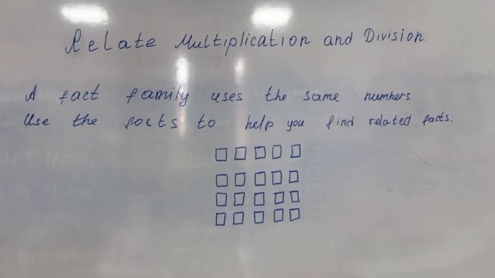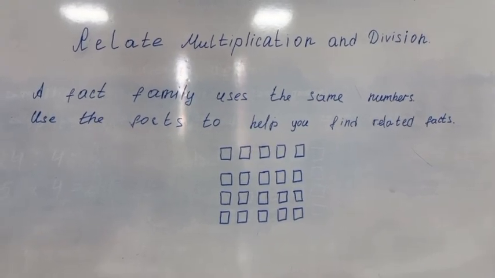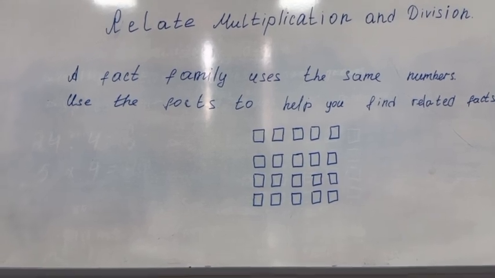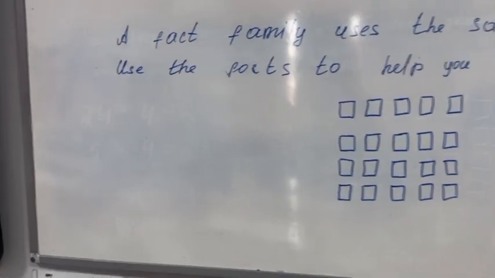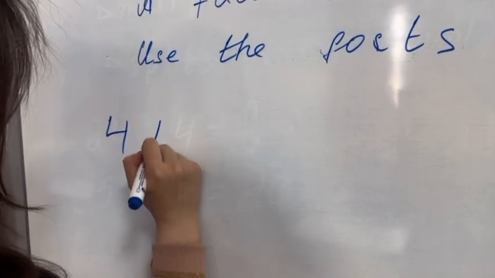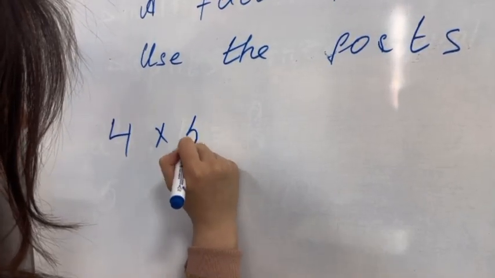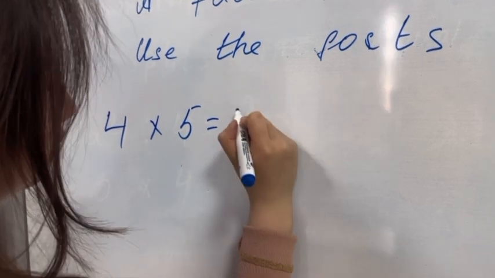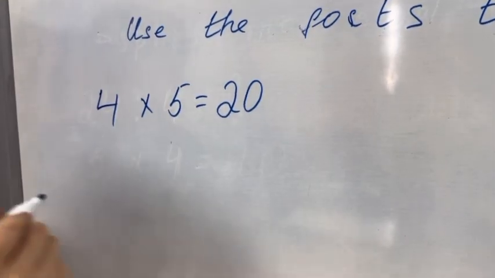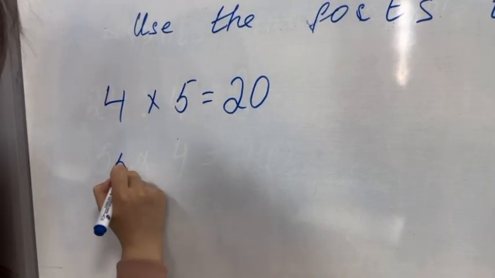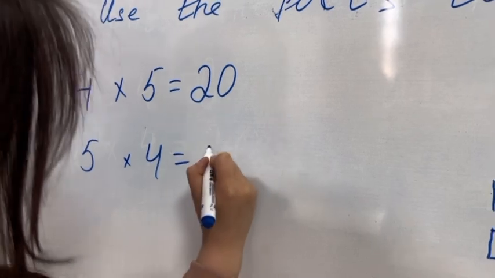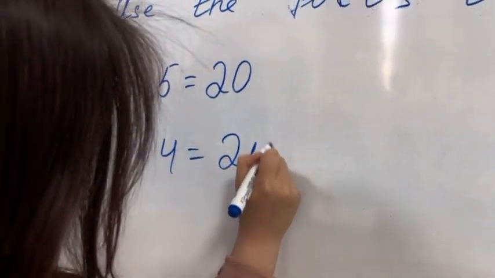A fact family is a group of related multiplication and division facts. For example, 4 times 5 equals 20. 5 times 4 equals 20.